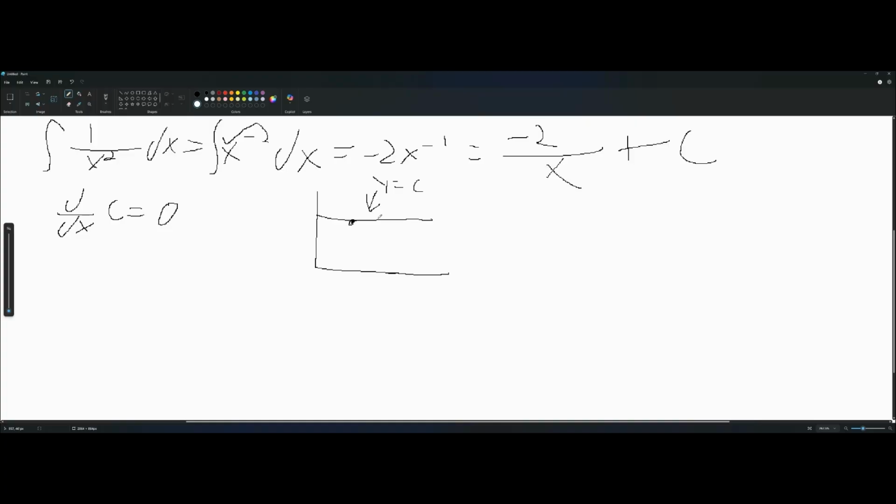This has no slope. Any point on this line has no slope. Okay? So we say that the derivative of any constant is equal to 0. So we add the c because we don't know if there's a constant present in this function or not. Because if we were to take the derivative of it, this constant would go away. So that is why we add the plus c. Okay?